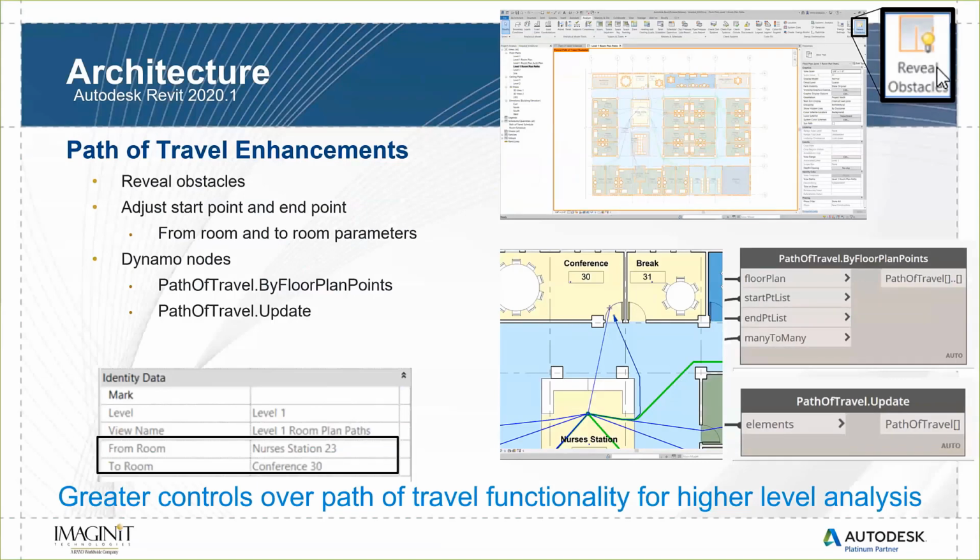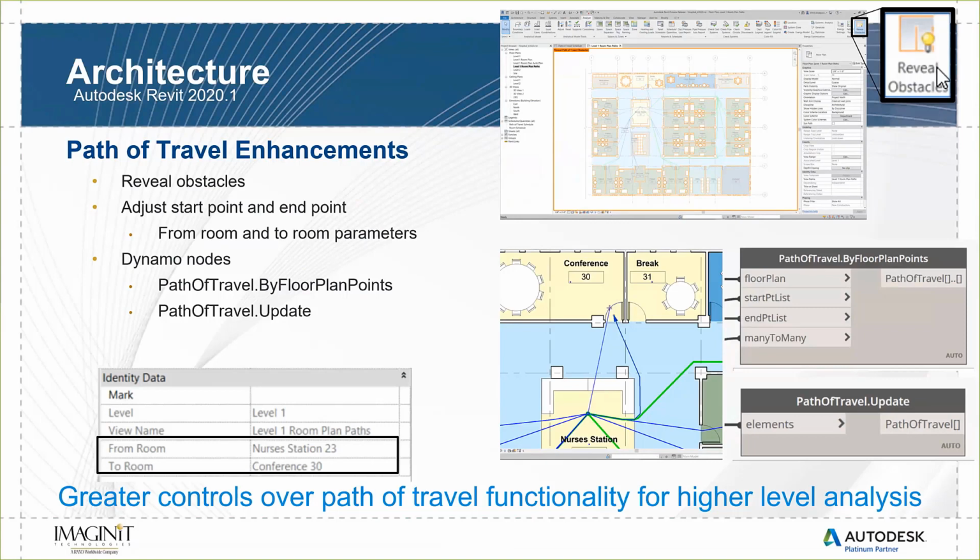In 2020, they came out with path of travel, which I think is one of my top 5 features in the 2020 version. They've increased its functionality in 20.1 and 20.2. In the 20.1 version, they enabled us to see graphically where our obstacles are, so we can see where it's going to run into things.